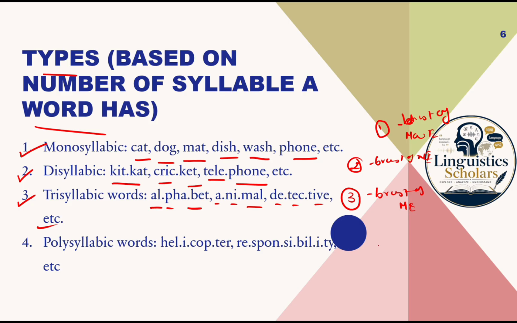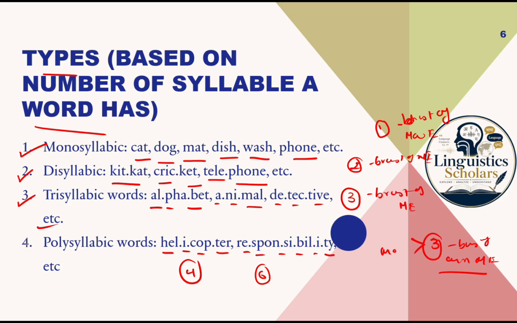In the polysyllabic word, you use more than three bursts of muscular energy. As you can see here in helicopter, four bursts of muscular energy, responsibility, six bursts of muscular energy.